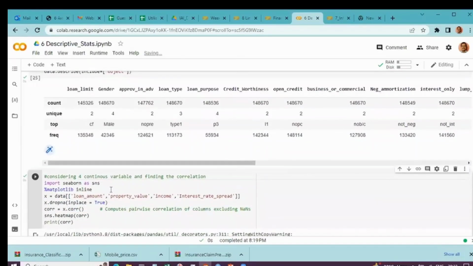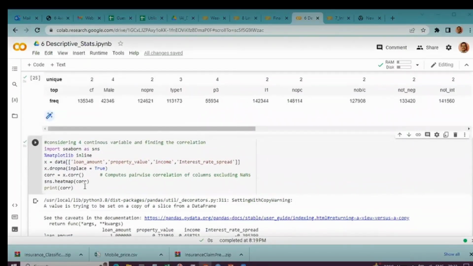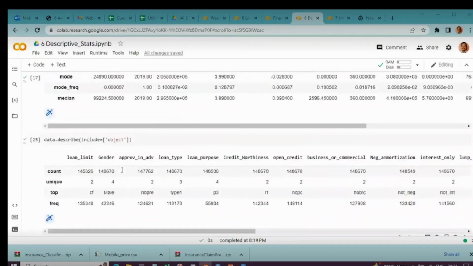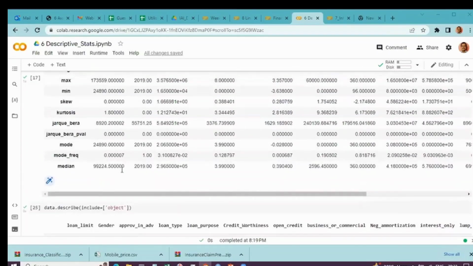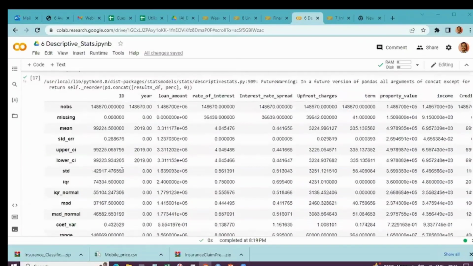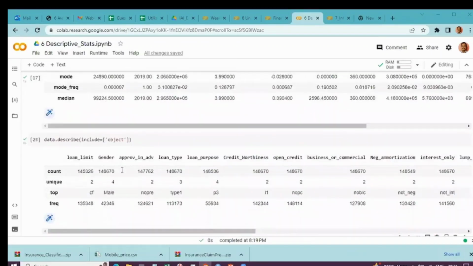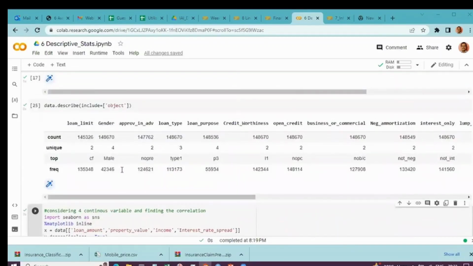One more thing that you can very well look at is, we can take all these numerical columns. Let me just take all the numerical columns. Just give me a minute.